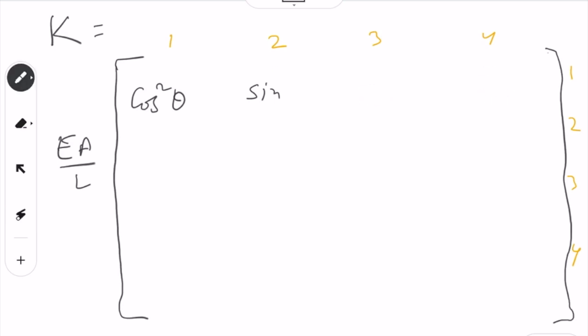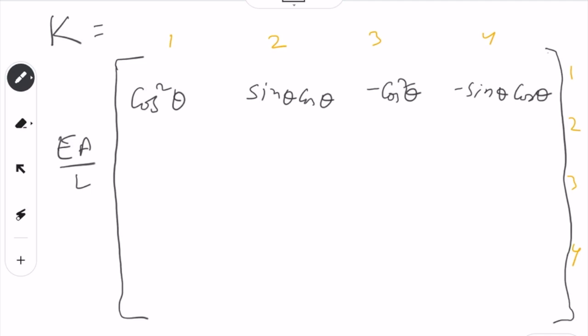Now this and this will cancel out each other, remember, because they represent the force, so this should be the opposite of that, and this should also be the opposite of that. So we can very easily write it. This becomes minus cos square theta, and here minus sin theta cos theta.